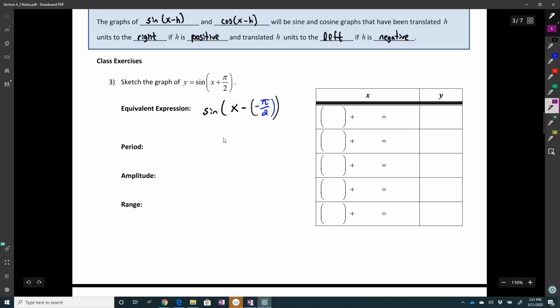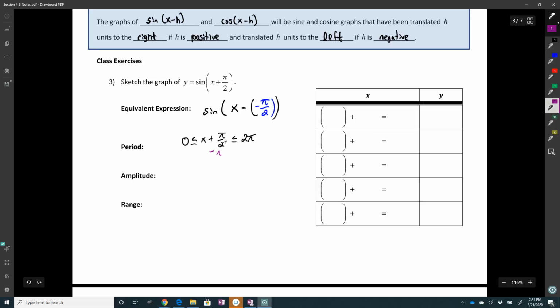My period is... so for the period, remember you just do 2 pi, or you know what? I'll prove it later, but for now let's just work like if we were doing it before. So I have 0, x plus pi over 2, 2 pi.